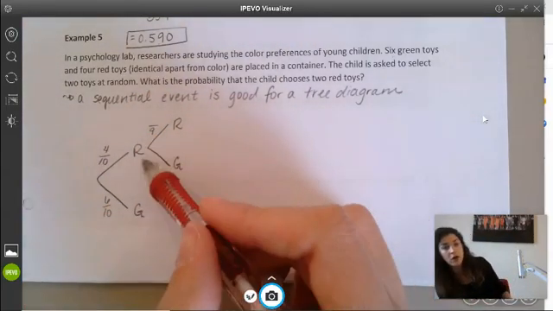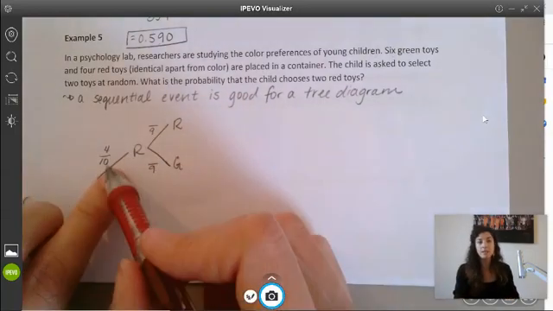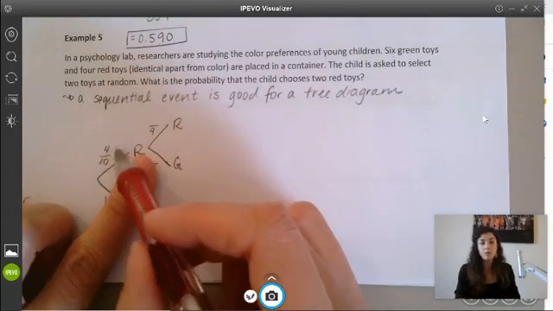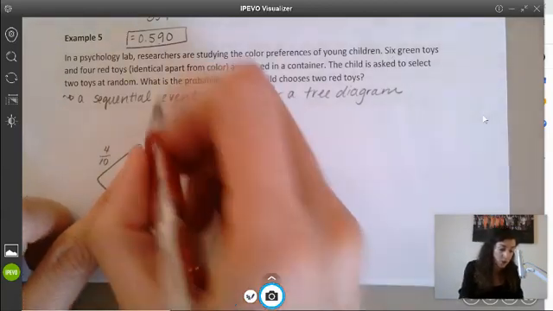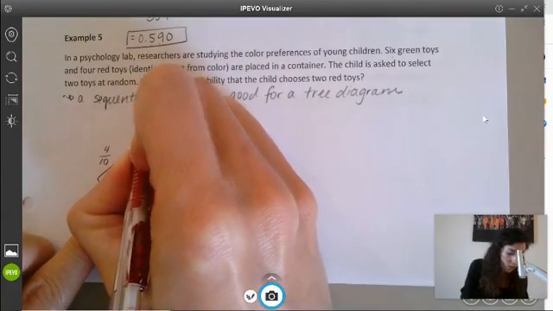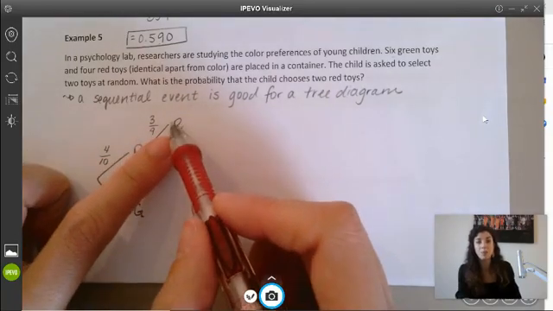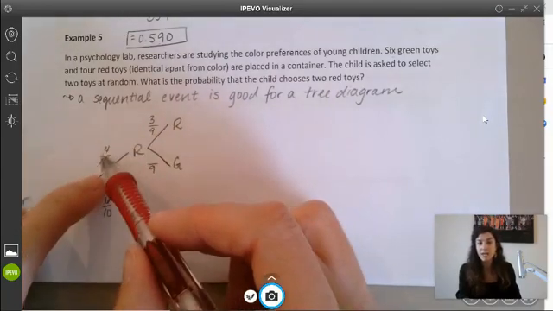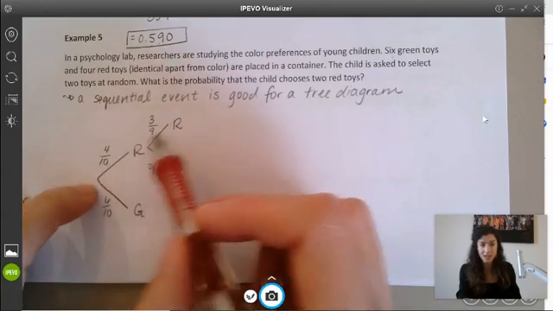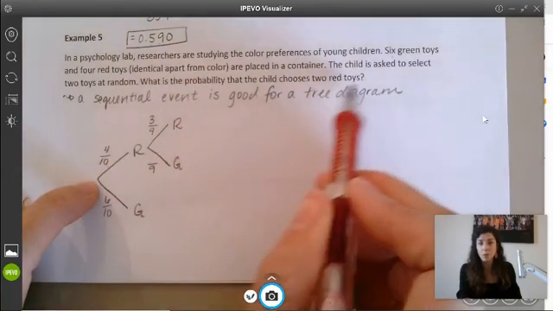And then you have to figure out, well, how many reds are there left? If we picked a red, that means one of those 4 is now gone, which means we only have 3 reds left. So the probability of picking a red and then a red is 3 out of 9 and 4 out of 10.